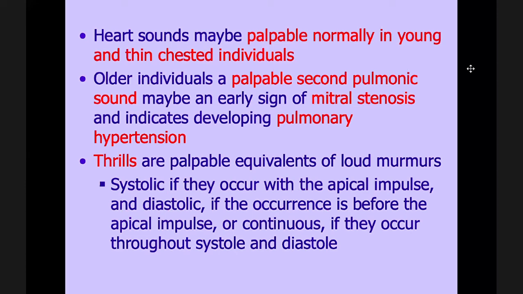So this is how you describe a thrill: systolic, diastolic, or continuous. Systolic if it occurs with the apical impulse, diastolic if it occurs before the apical impulse, and continuous if it occurs throughout systole and diastole. Okay?